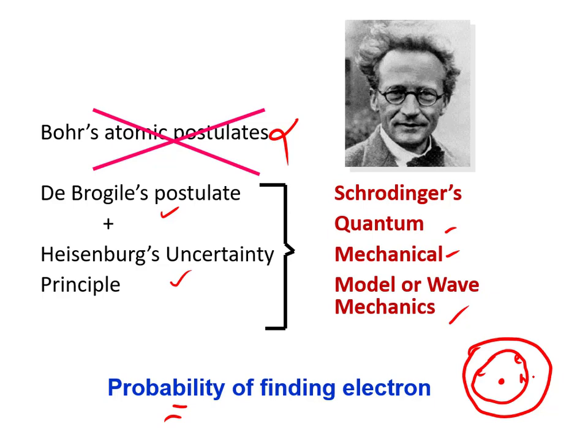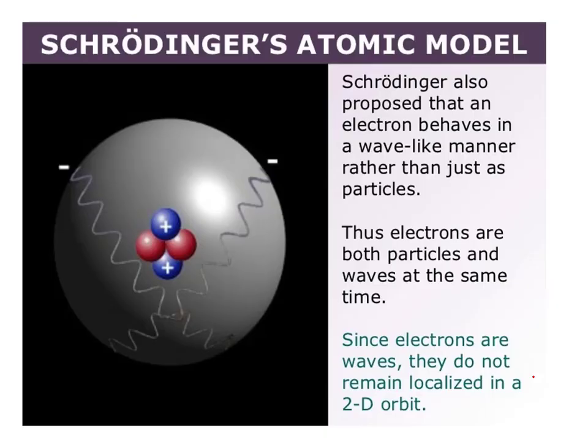Tak boleh confined at a specific orbit. So Schrödinger also proposed that an electron behaves in a wave-like manner rather than just as a particle. Thus, electrons are both particles and waves at the same time. Since electrons are waves, they do not remain localized in a 2D orbit. That's all for 2.1.